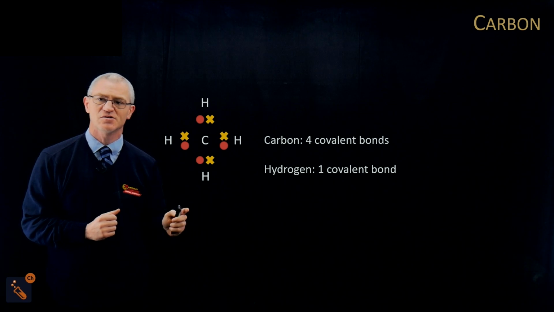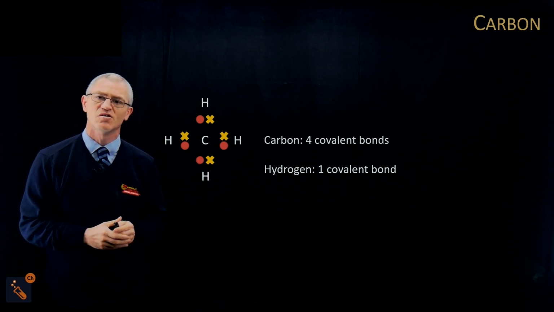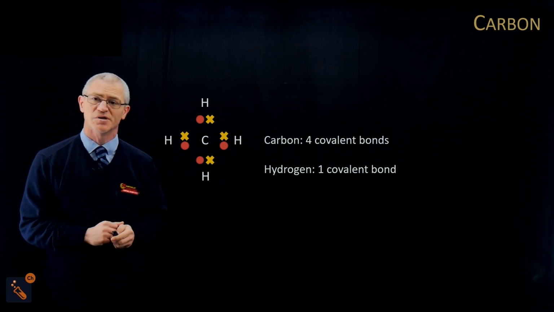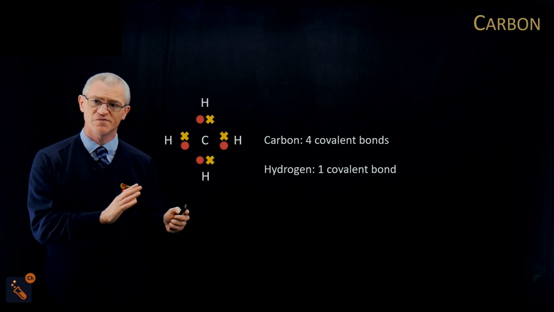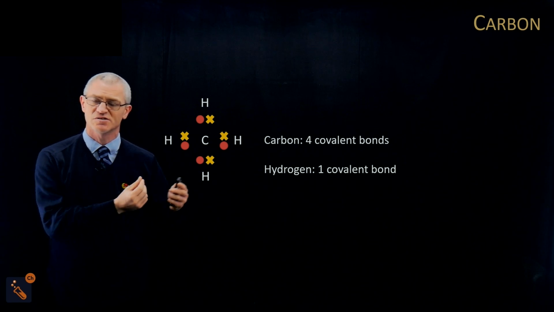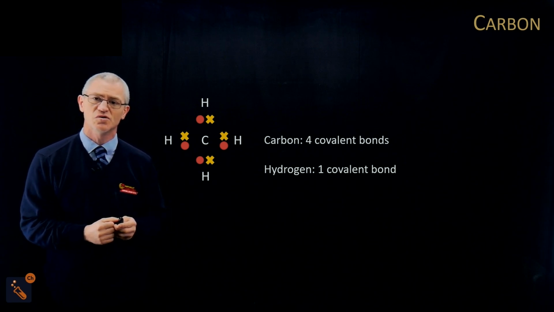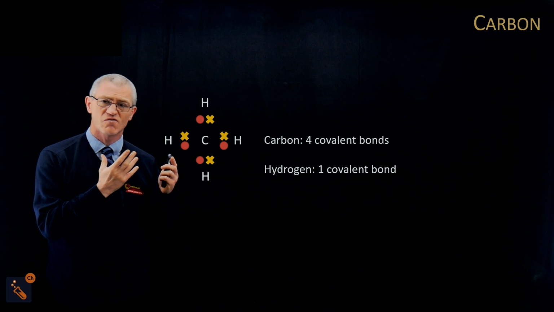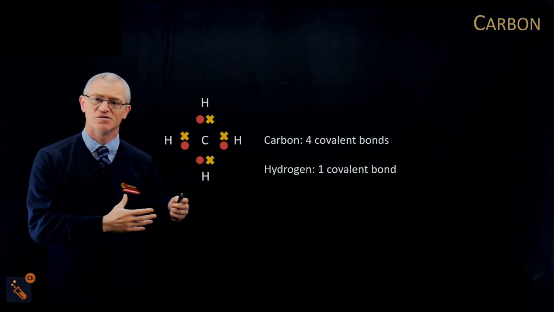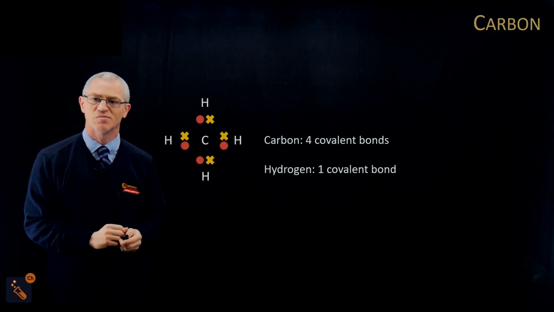And you can see in the other way around, the hydrogen has one single bond coming up to the carbon. And it's really important throughout all of your organic chemistry, whether you go in your first or second year of your course, that you remember that carbon has 4 covalent bonds, that hydrogen has 1. It will save you so much time and get you so many questions right in organic chemistry.